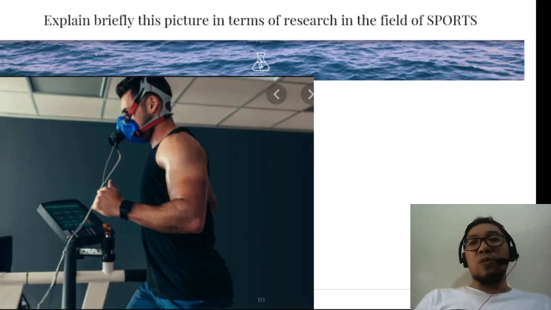Look at the picture below. I want you to explain briefly this picture in terms of research in the field of sports. Is it really helpful to use such a thing? What do you think? What is the purpose of that? Accordingly, studies have shown that if you use that one while walking, jogging, practicing basketball or any other sports, or walking or running on a treadmill, it will make you more healthy.